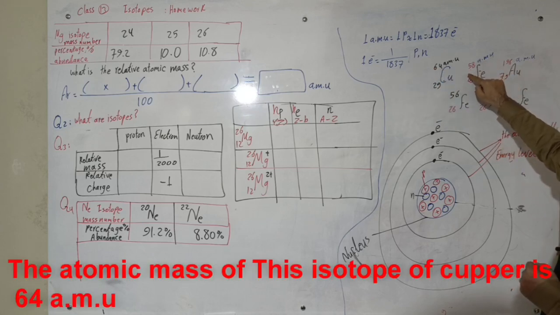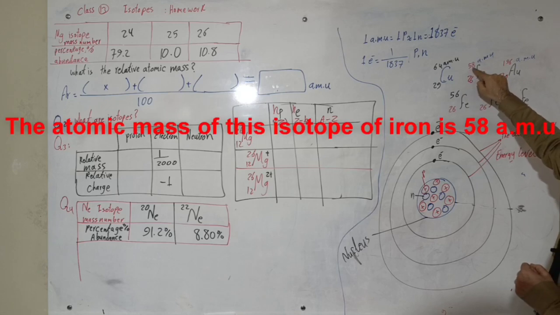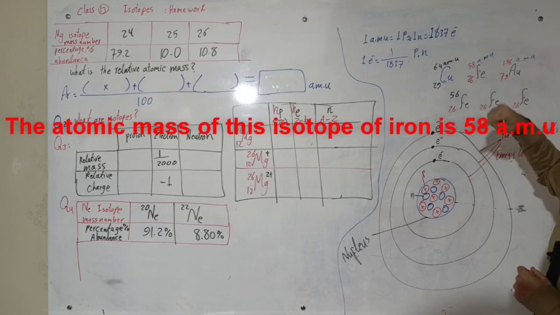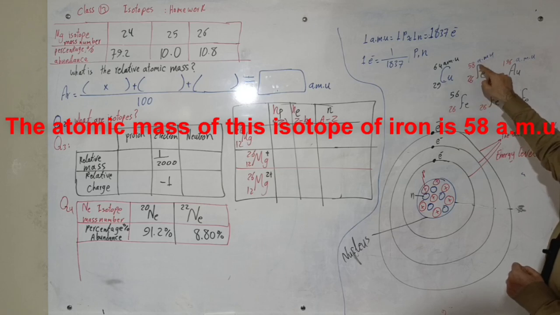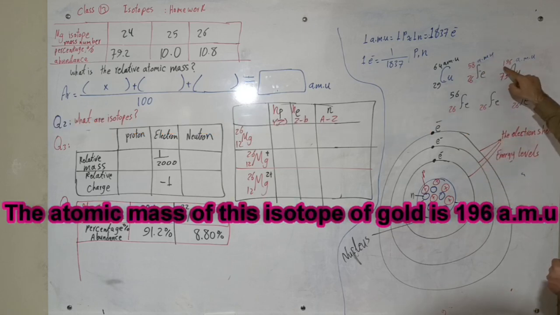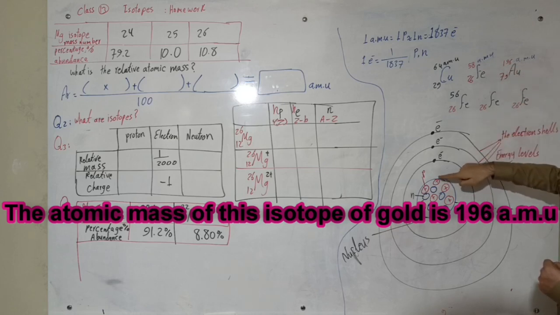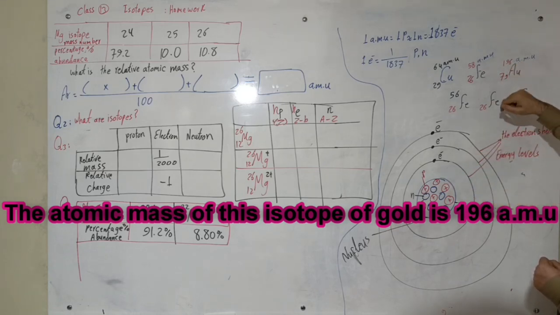For the iron, it has 58 nucleons, or protons and neutrons, inside its nucleus, so the atomic mass of iron is going to be 58 AMU, and for the gold, the gold atom has 196 protons and neutrons inside its nucleus, so the atomic mass of gold is 196 AMU.